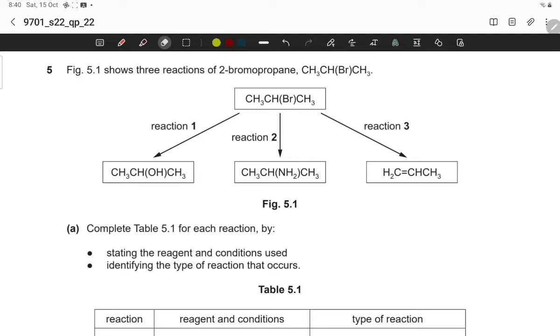So reaction 1 and reaction 2 are nucleophilic substitution, and reaction 3 is the elimination reaction.